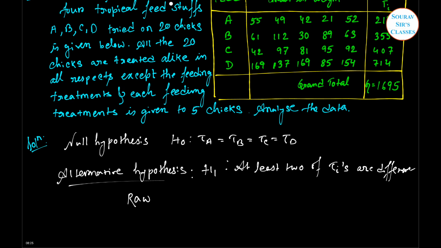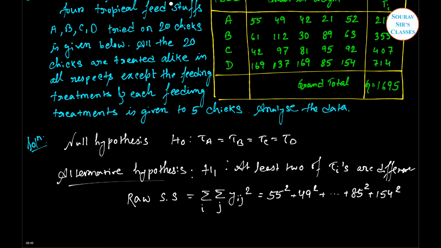So raw SS equals summation i summation j yij square, equals 55 square plus 49 square plus dot dot 85 square plus 154 square, that equals 181,445.